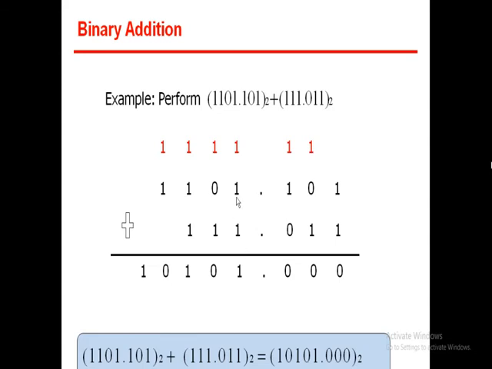Then 1 plus 1, 0, then there is a carry 1. So 1 plus 1, we will get 10, 10 plus 1, we will get 11. So 1, there will be a carry 1. Then adding 1 and 1, we will get 0, then the carry is 1.